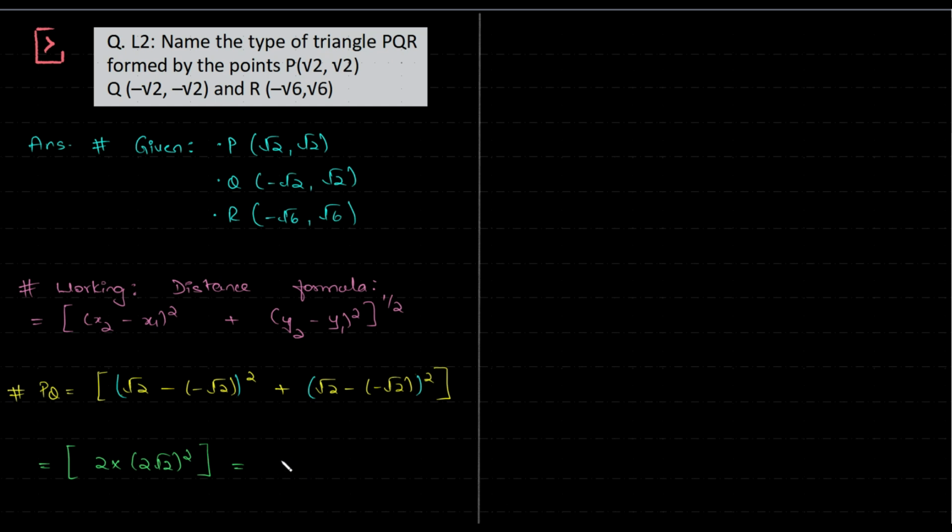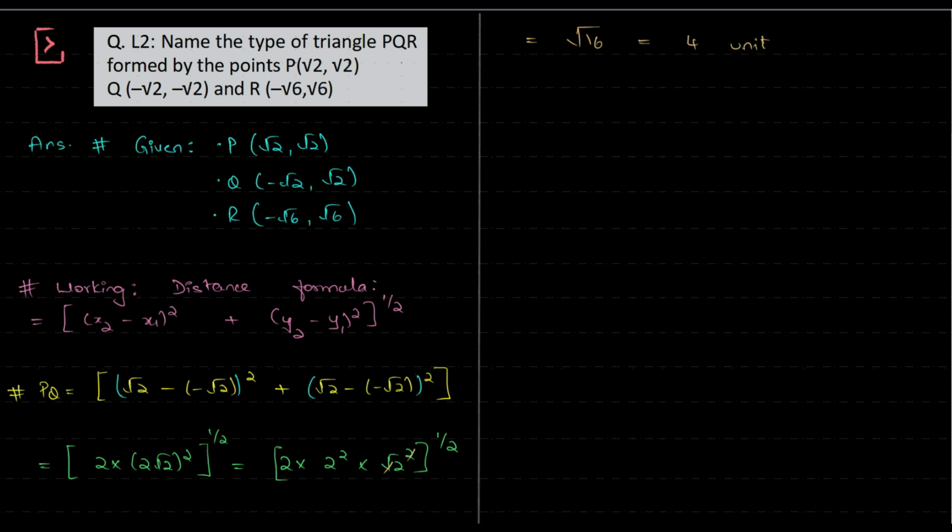So this is basically 2 into 2 square, to the power of half. Root 2 square to the power of half, so this root and square get cancelled, and we have 2 into 2, 4, 4, 8, 16. Square root of 16, which is nothing but 4 unit.